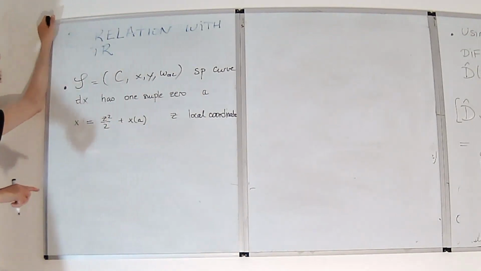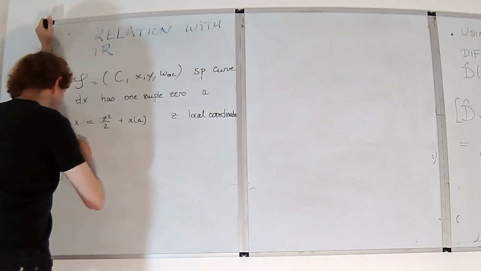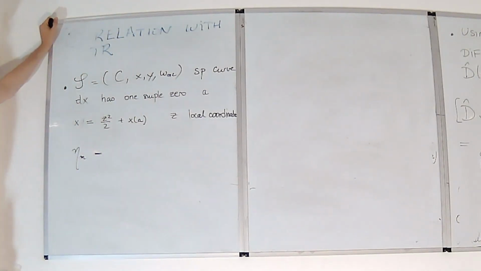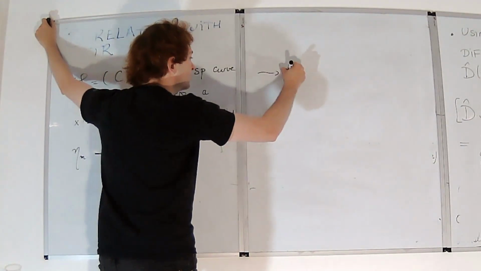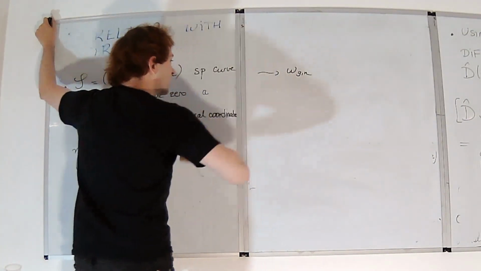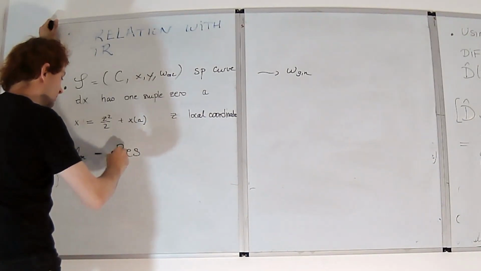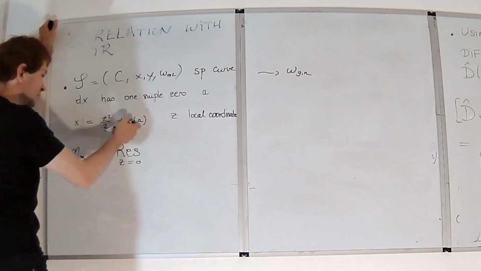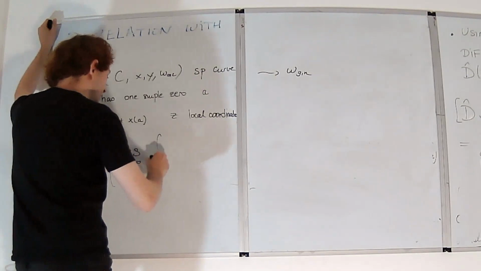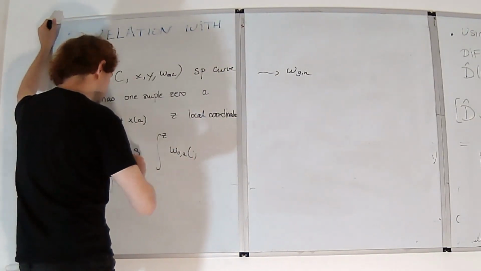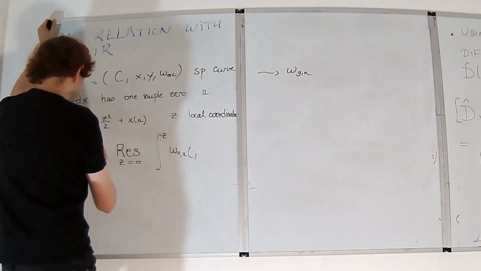So I'm not sure if Bertrand had said, but there's a basis of differentials on which you can decompose the omega g,n of TR. And if I introduce the following basis of differentials, so z equals 0 is the ramification point. I'm going to take the primitive of omega 0,2. So this is a one form in z.